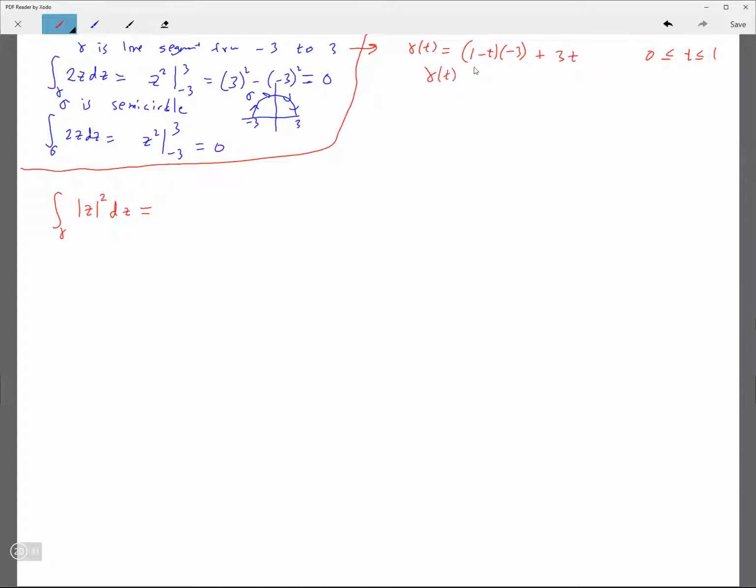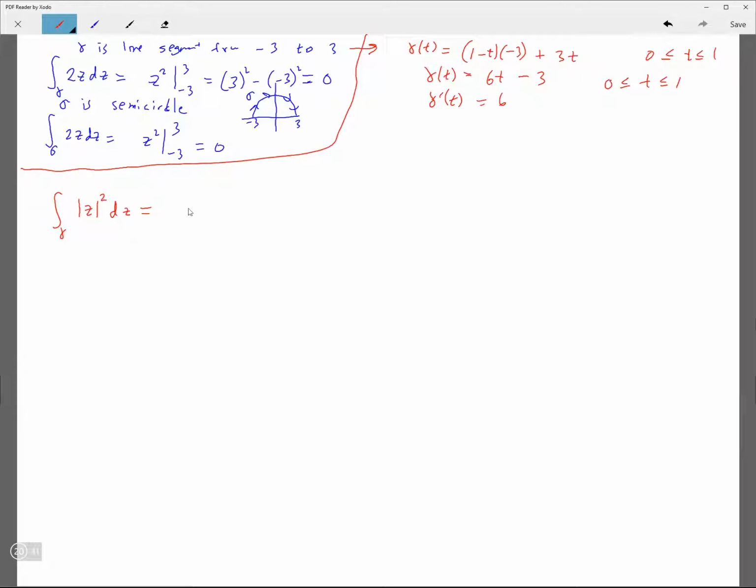Which simplifies to, if you distribute the -3 in, you're going to get 6t minus 3. And so that's a parameterization. So then gamma prime of t is 6.